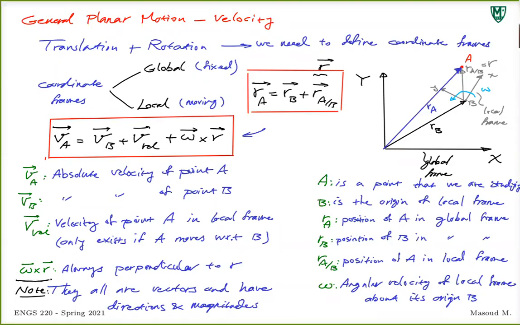All right, so I'll put it here. Now the equation is straightforward. V_A is equal to V_B plus V relative plus omega cross R.